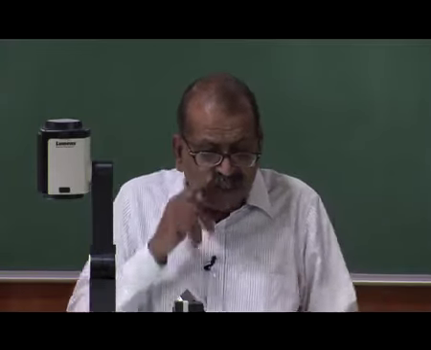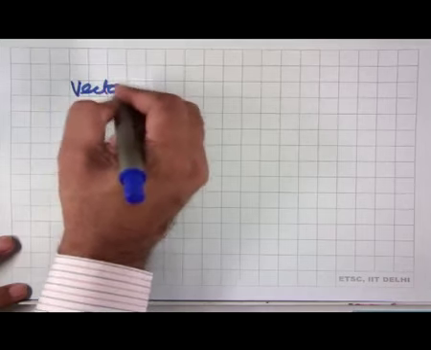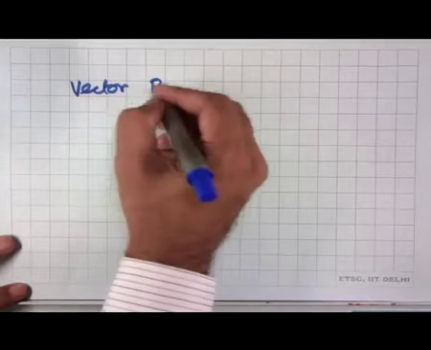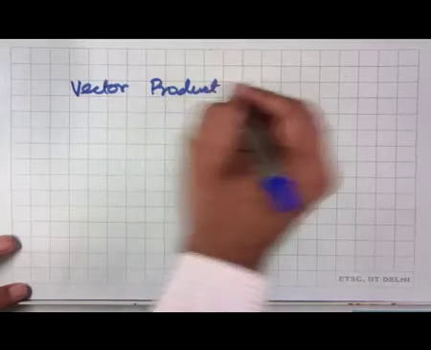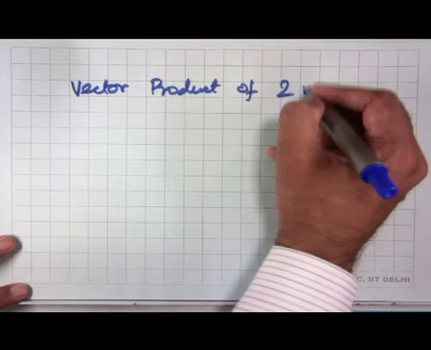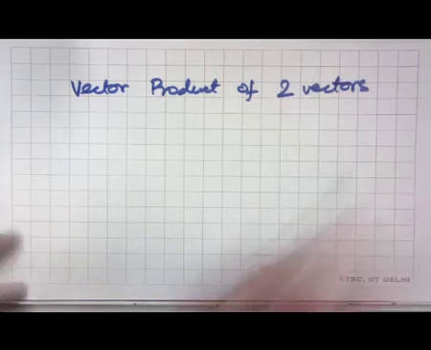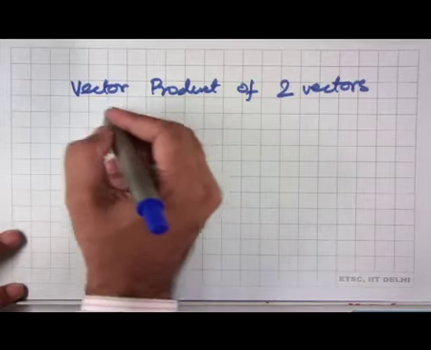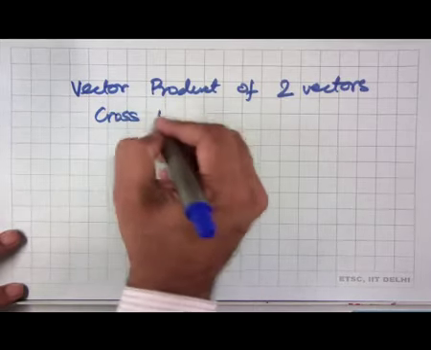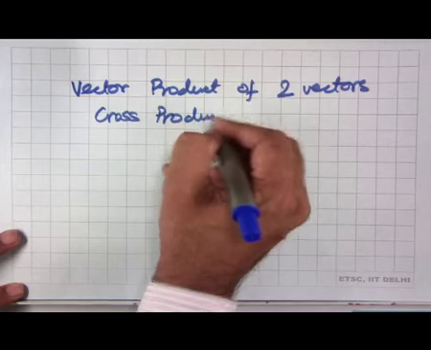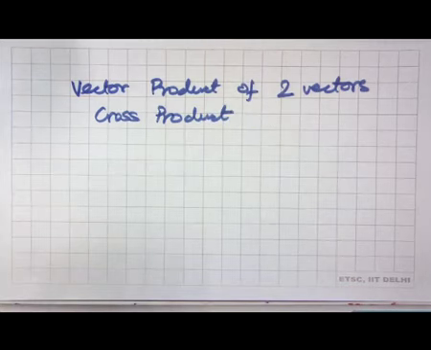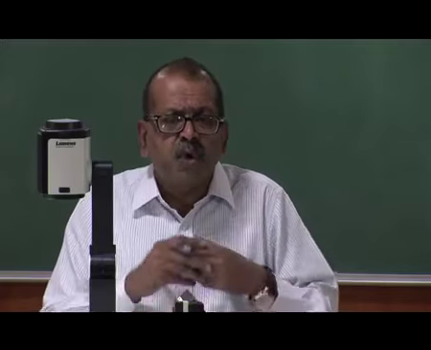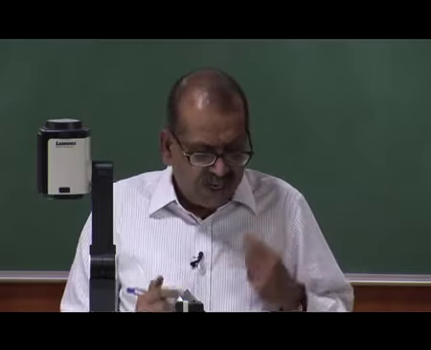Now, having seen the first type of product, let us look at a second type of product, which is called the vector product of two vectors. This product is also called the cross product. As we saw, in the scalar product the product of two vectors was a scalar.